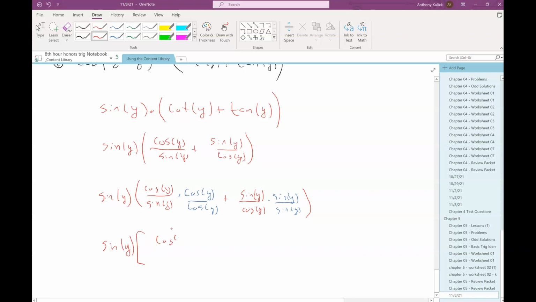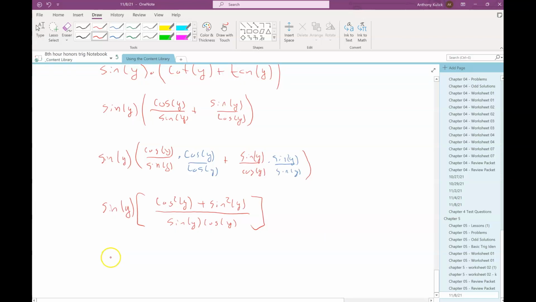And I'm just going to write a bracket here because it's starting to get to be a lot of parentheses. That look okay? Now what do you see, Dom?